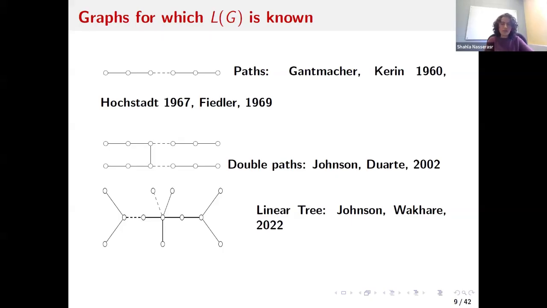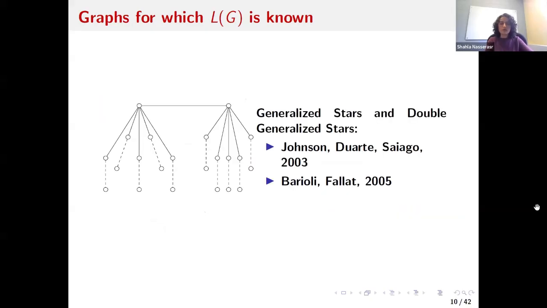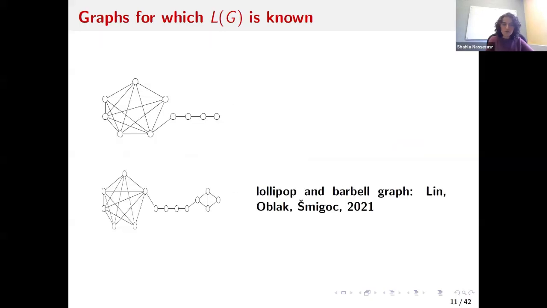Linear trees, when the vertices of degree at least 3 are all on one path, and also stars, generalized stars, and double generalized stars. For those, the inverse eigenvalue problem is completely solved. These are all trees. There are some non-trees also that we know the answer for.